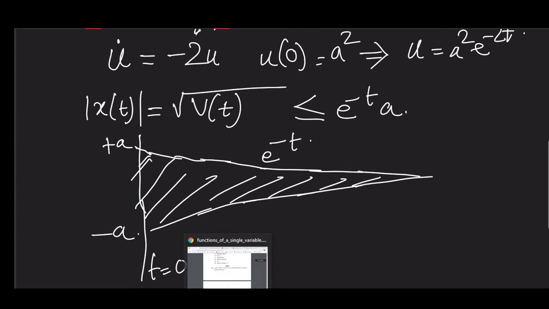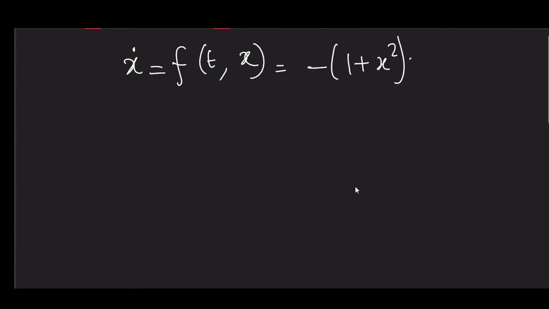Now let us take another example. Let us consider that x dot is equal to f of t comma x, that is minus x over 1 plus x square, plus e to the power t.